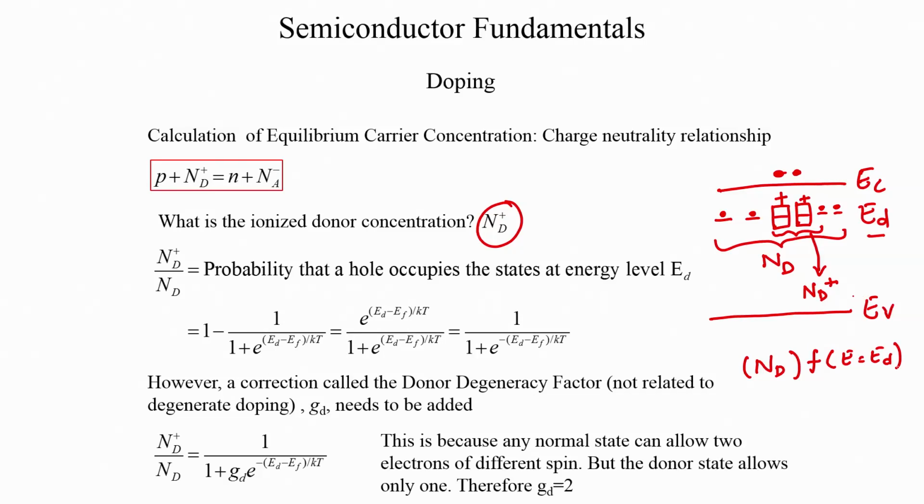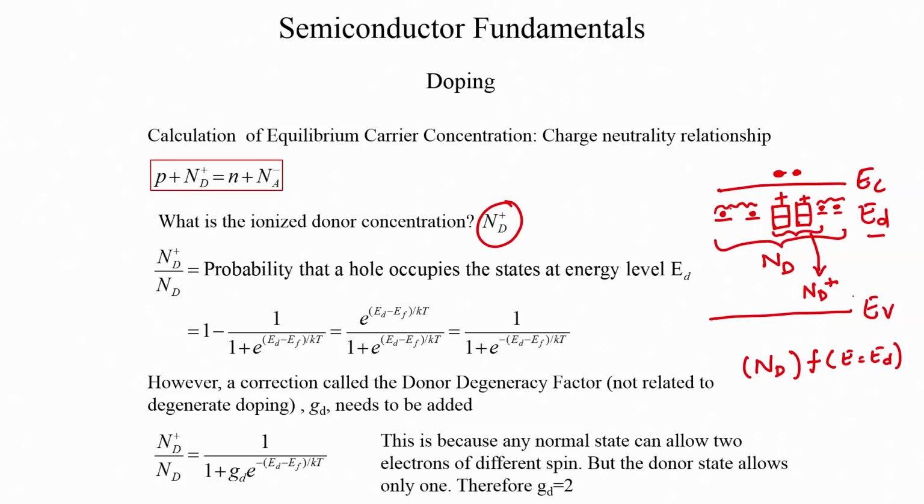So, this is the number of electrons per unit volume occupying the states at Ed, which is effectively these states. You see, electrons are occupying these states.